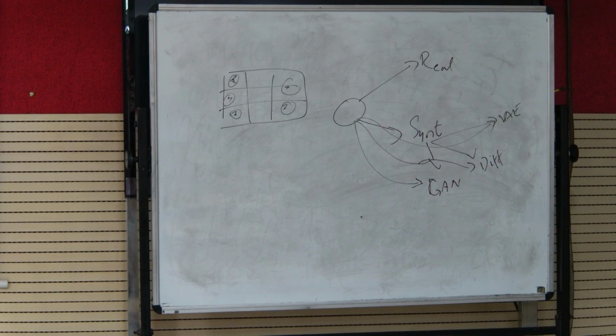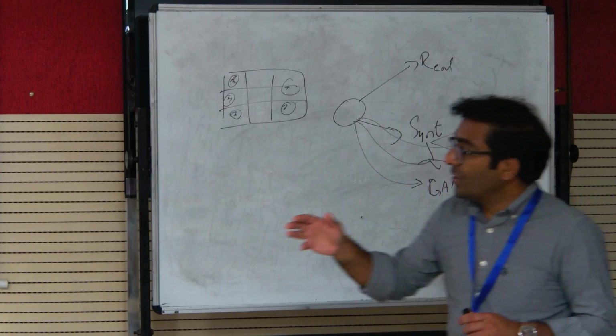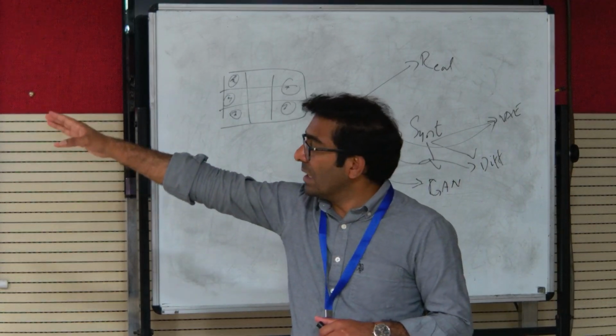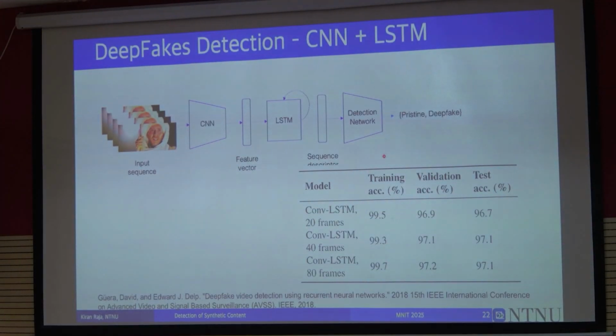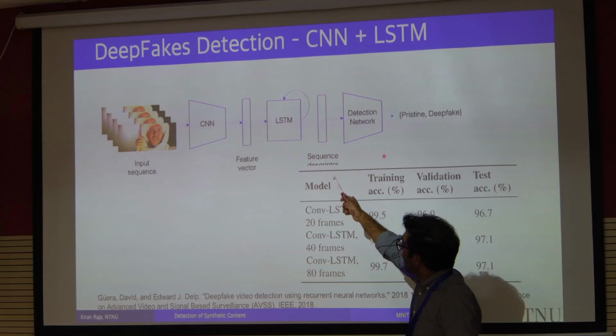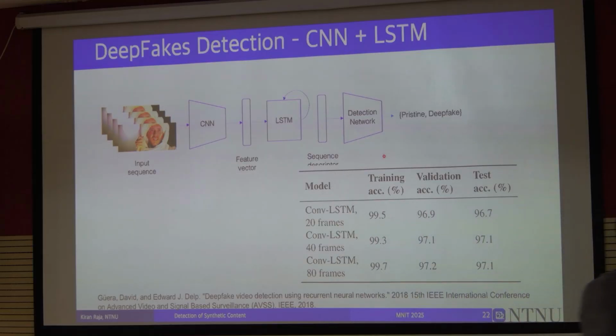Okay, one example of that. Again, the combination of multiple things, right? So you can straight away use the CNNs, or if it is a video, you can start with the input video, and then you can stack them up as feature vectors, just concatenate all of them together. And then once I have that, I can learn the LSTM. And from LSTM, we know that LSTM is nothing but sequential.